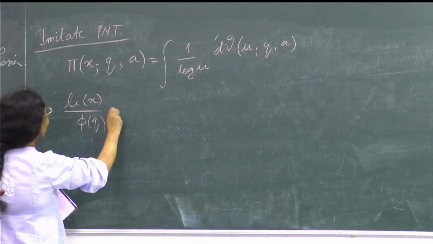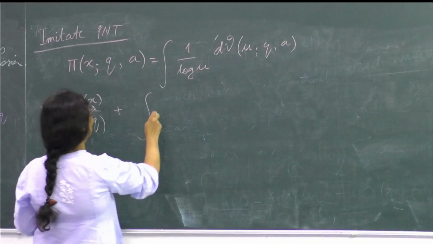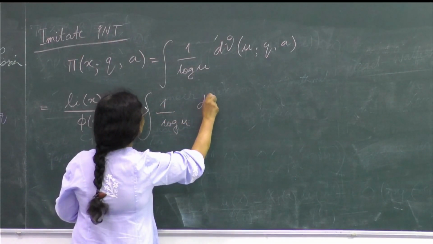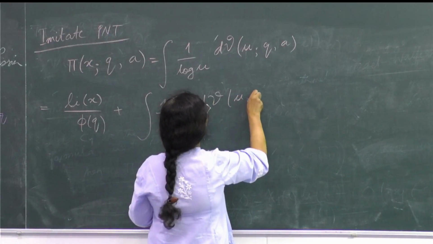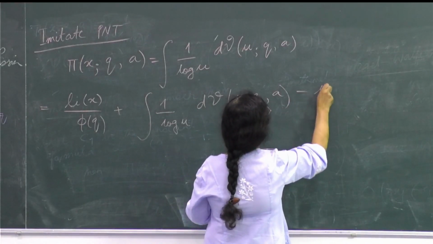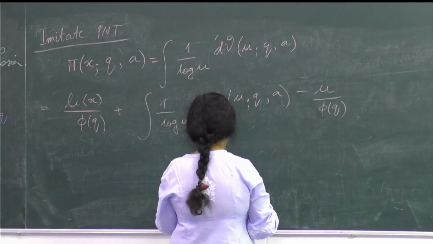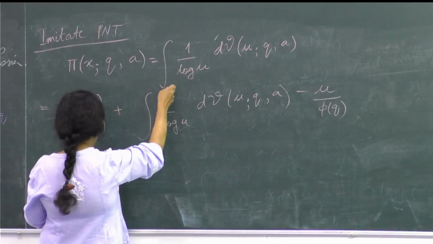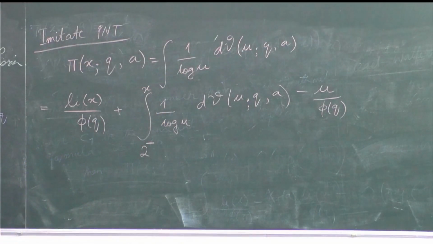And then you have another integral, which is 1 by log u d theta of u; q, a minus u by phi of q, and this goes between 2 and x. Okay. Now integrate by parts.